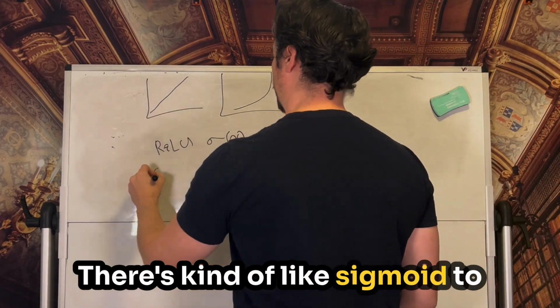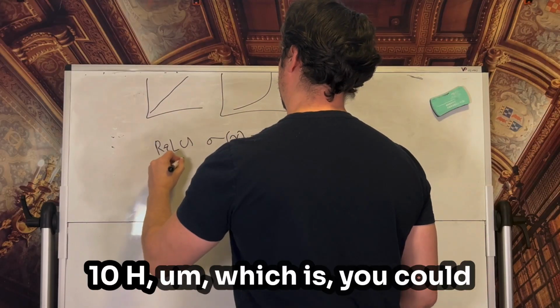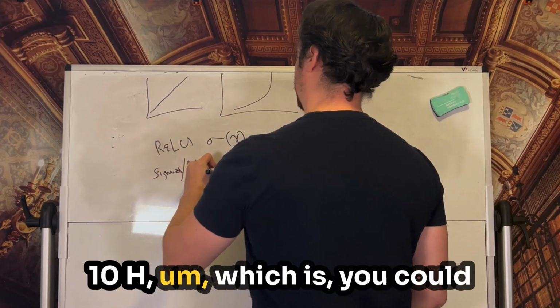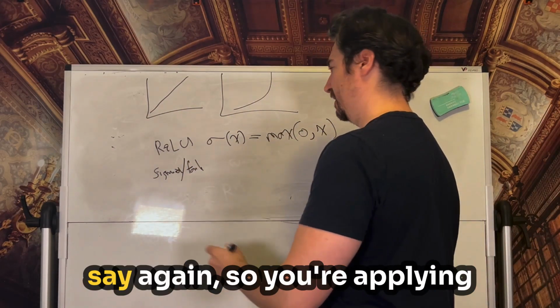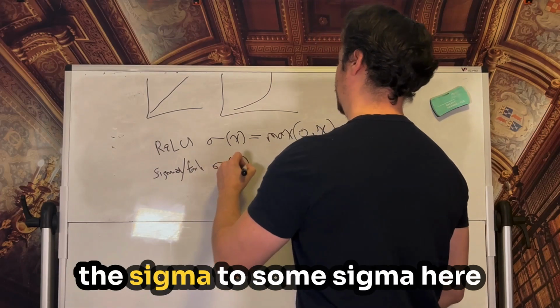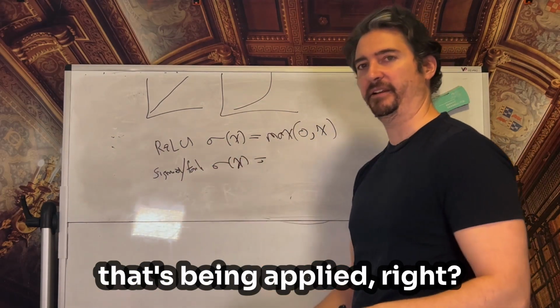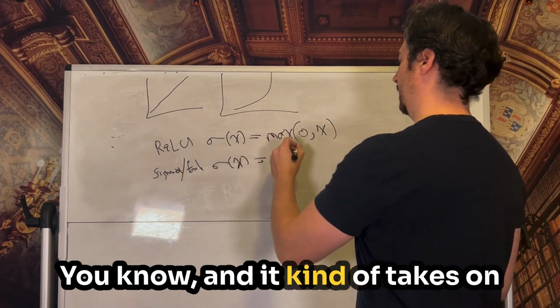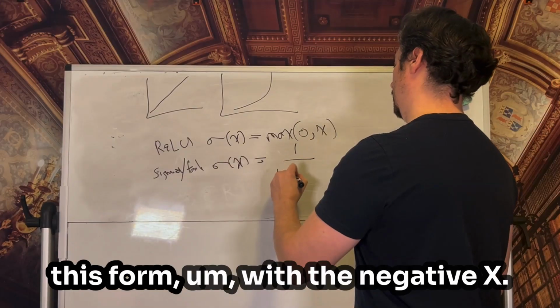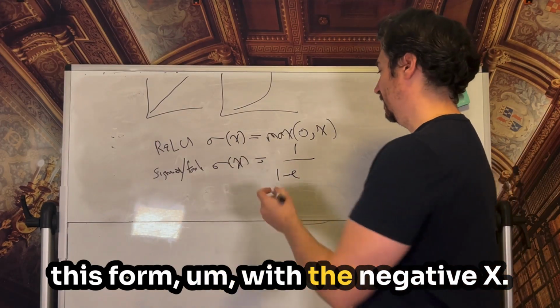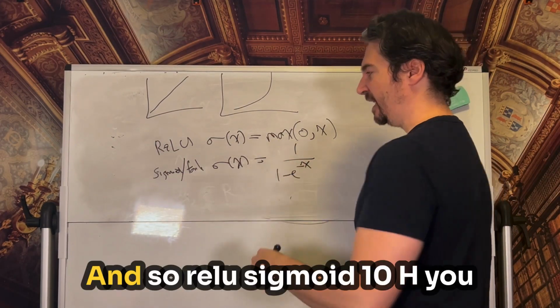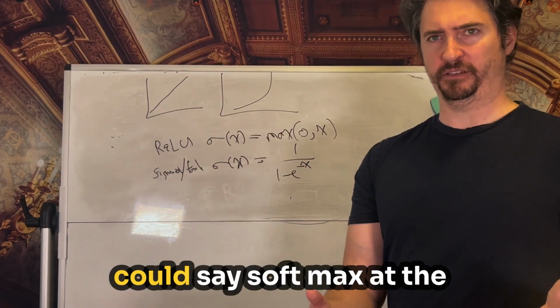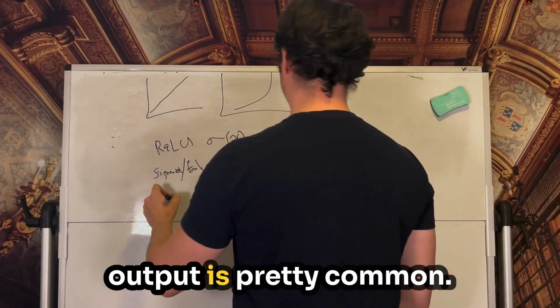There's sigmoid or tanh, where sigma is just the nonlinearity being applied, and it takes on this form with the negative x. So ReLU, sigmoid, tanh, and you could say softmax at the output is pretty common.